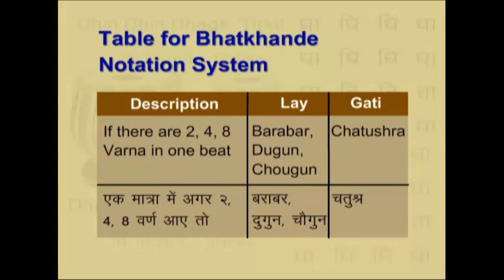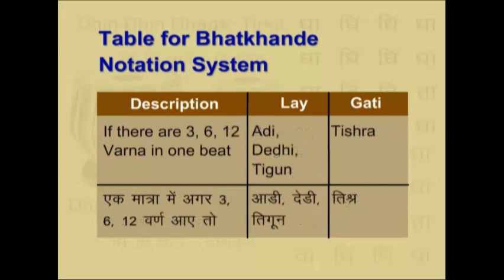And the jati, actually we should call it gati, but I will say jati, is chatashra. When in one beat you get 3 varnas, or 6 or 12 in those multiples, the lay is aad, or dedh, or tigun, and the jati becomes tishra.